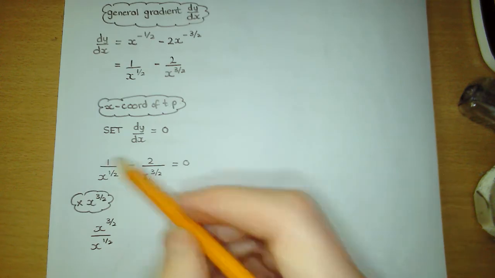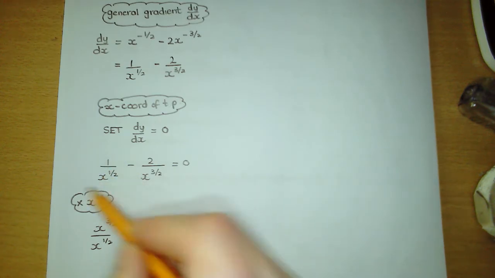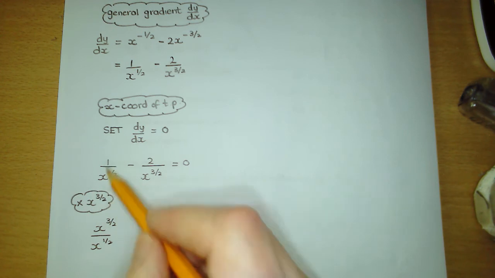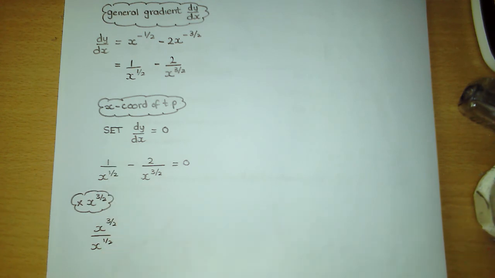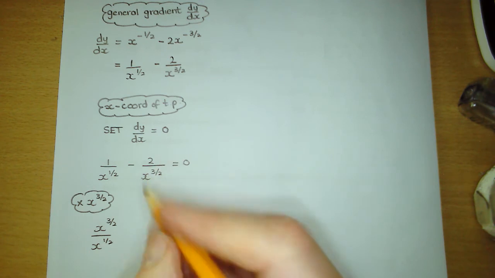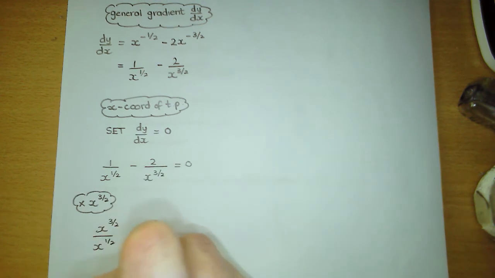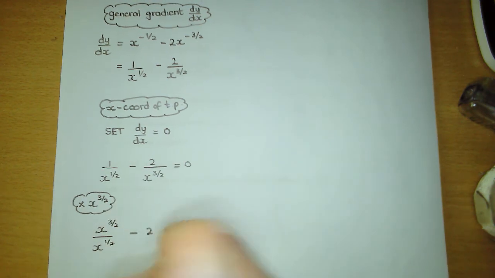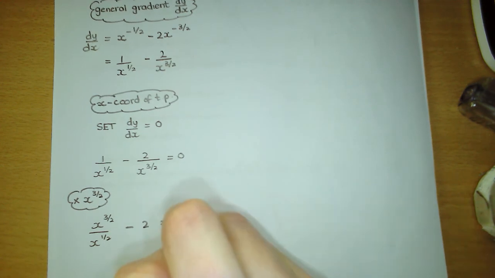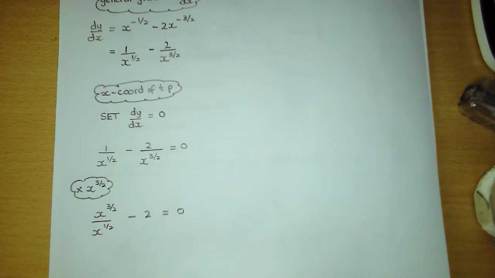Okay, hopefully everybody can see that. So I've just multiplied this fraction by x to the power 3 over 2. So x to the power 3 over 2 is now on the top, and then we've got x to the power of a half on the bottom. The x to the power 3 over 2's cancel when I multiply by x to the power 3 over 2, so we're just left with negative 2. And then that's equal to 0 multiplied by x to the power of 3 over 2, which is just going to be 0.